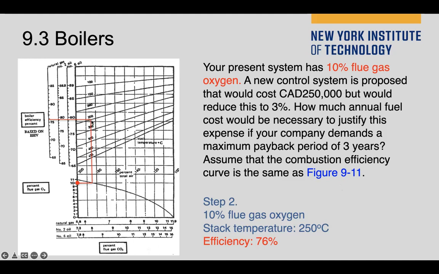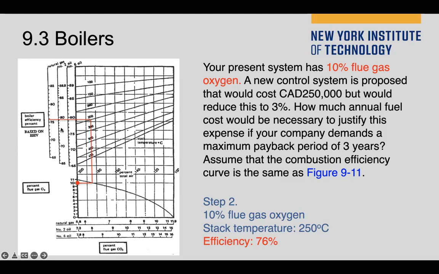So the stack temperature is 250. That means in your boiler, in your furnace, the temperature reaches 250. After I touch this curve, I draw another horizontal line to the end. Why do I need to go to the end?